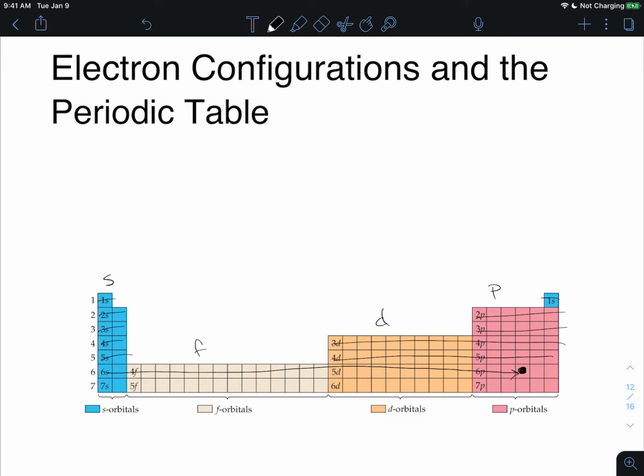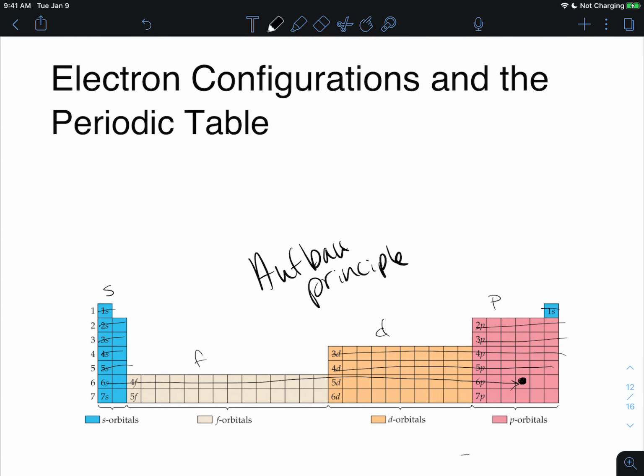So we'll have 1s, 2s, 2p, 3s, 3p, 4s, 3d, 4p, 5s, 4d, 5p, 6s, 4f, 5d, and then finally our 6p. So we can add our electrons in this order. This obeys the Aufbau principle, besides a couple of anomalous electron configurations.